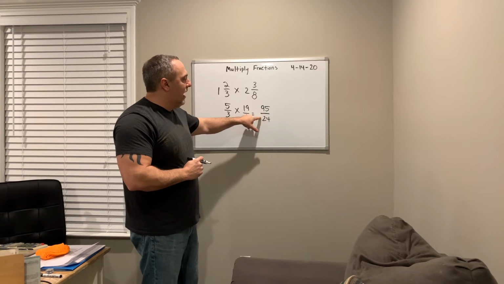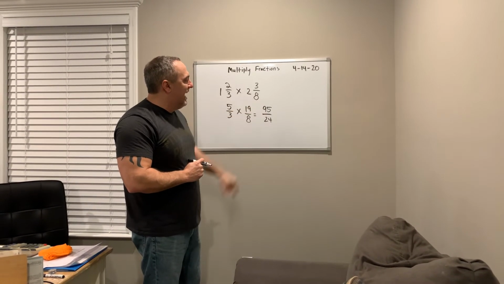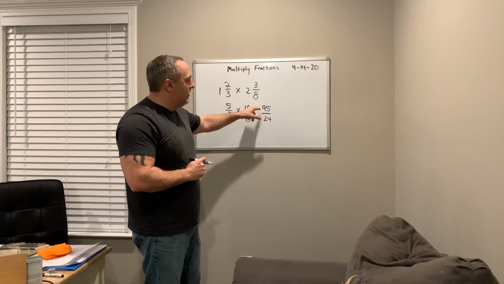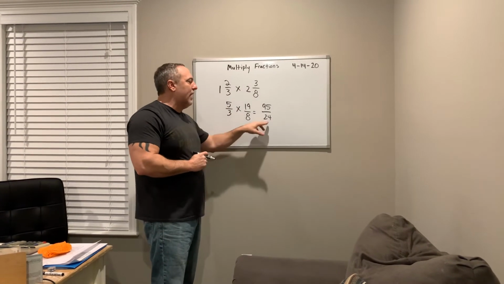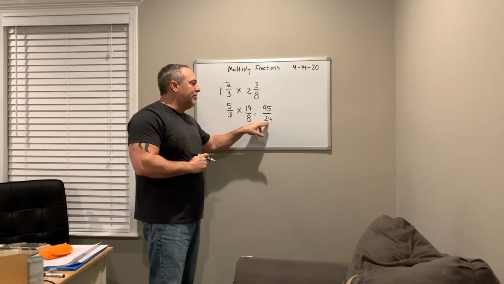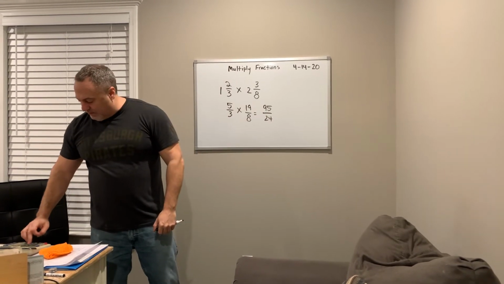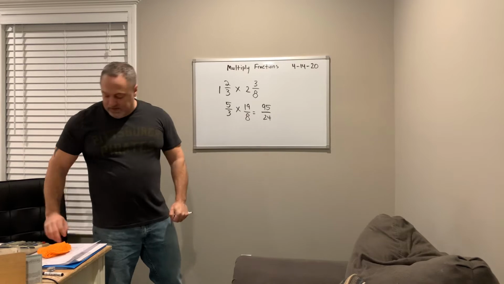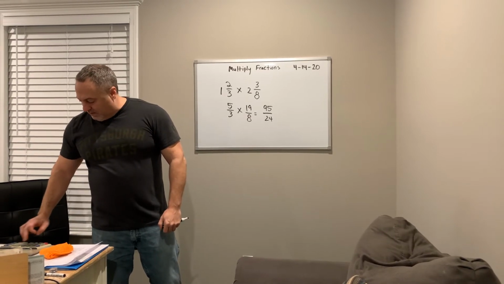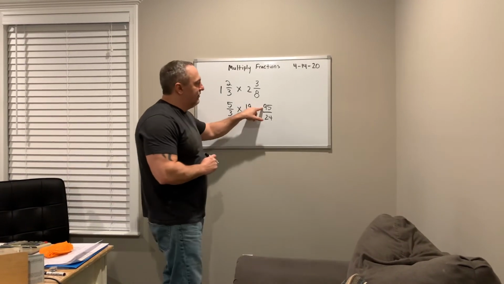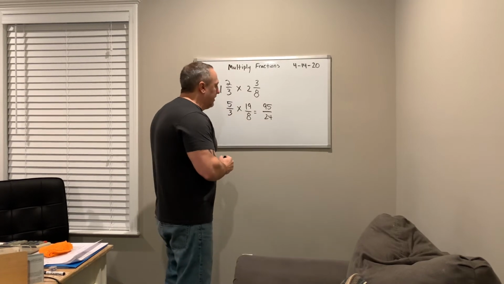You need to see approximately how many times the number goes into 95. How many times is 24 going into 95? You've got to do trial and error. 24 times 3 is 72. 24 times 4 is 96. Unfortunately, if this was 96, this would work out perfectly.